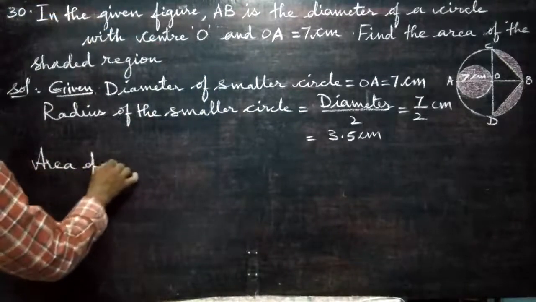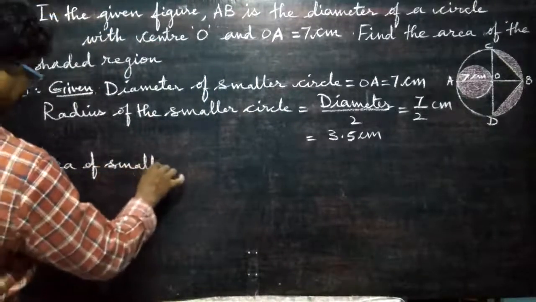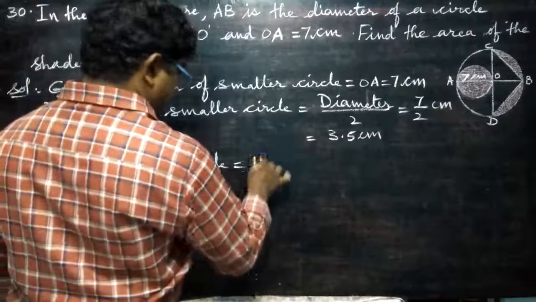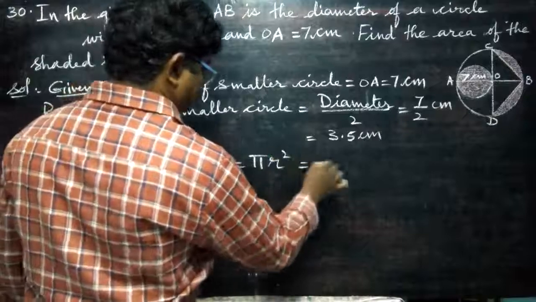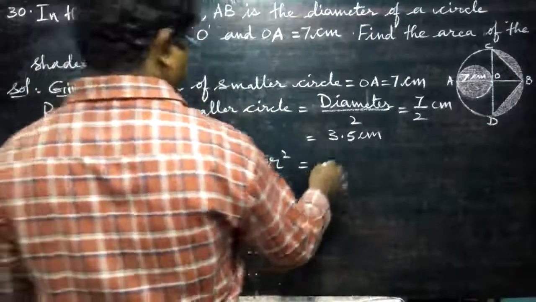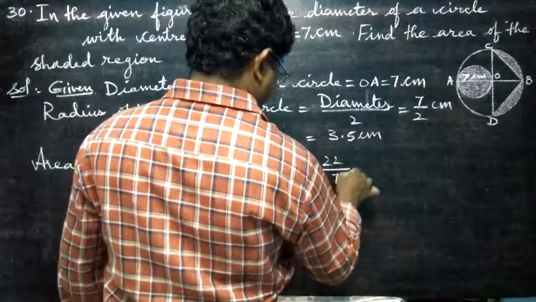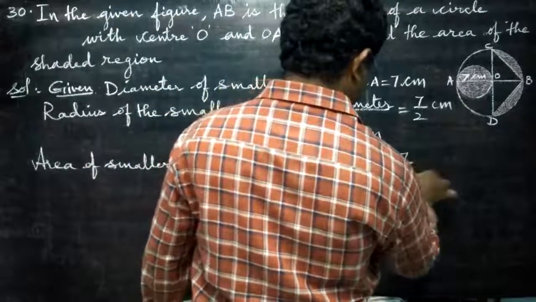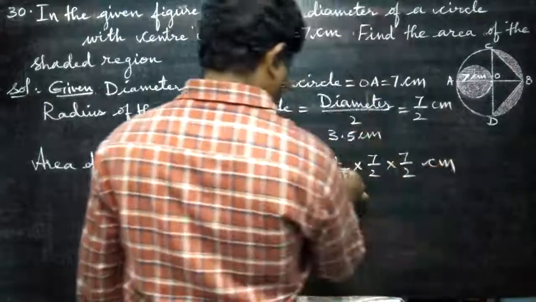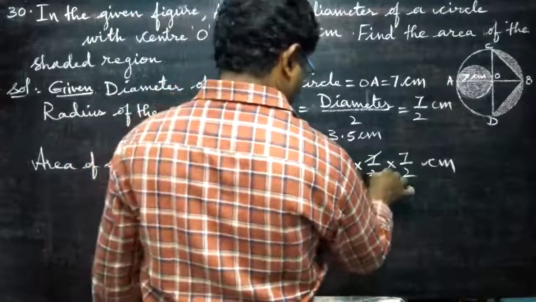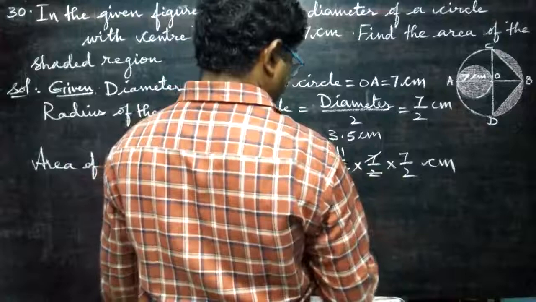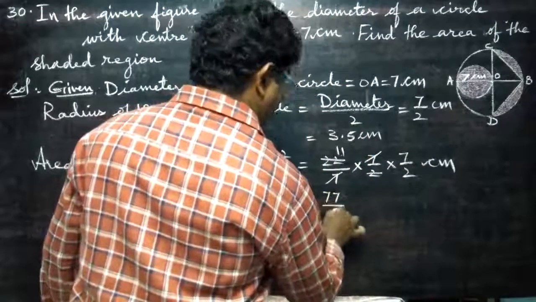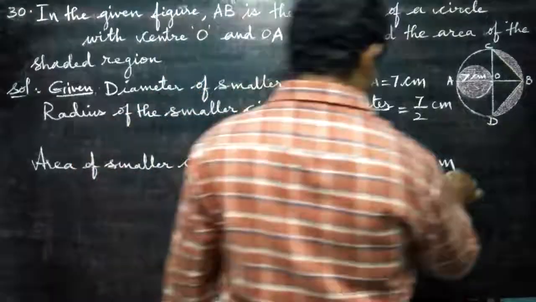Now find area of smaller circle. What is the formula? Pi r square. Pi 22 by 7 into 7 by 2 into 7 by 2. 7 cancels one time. 11 sevens are 77. 77 by 2 centimeters square.